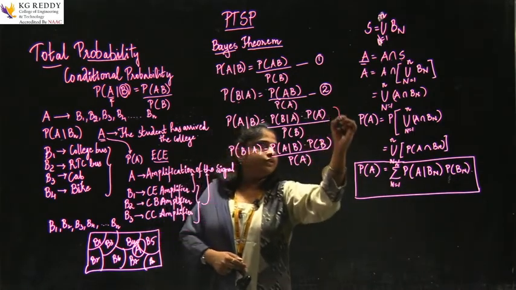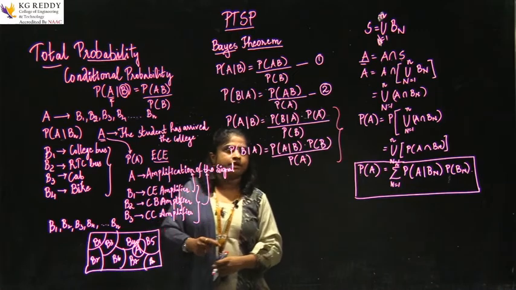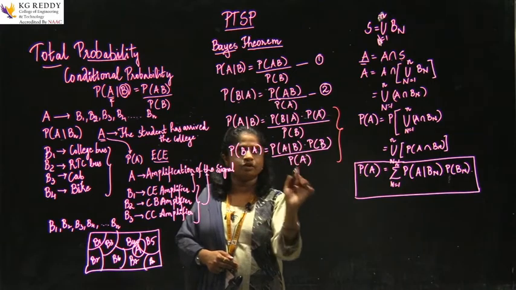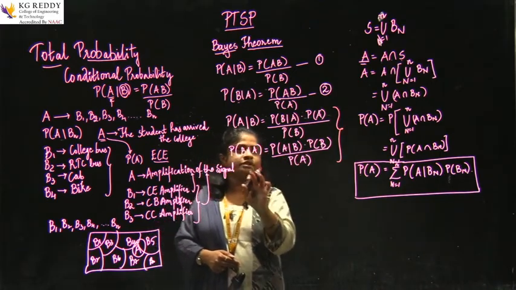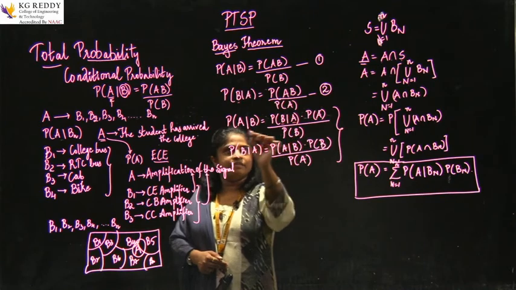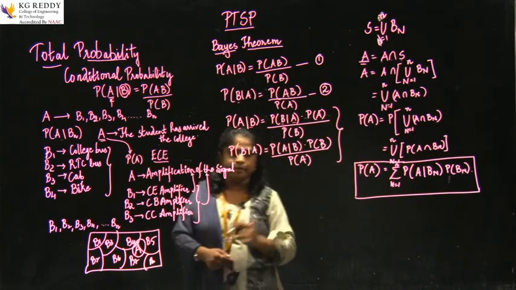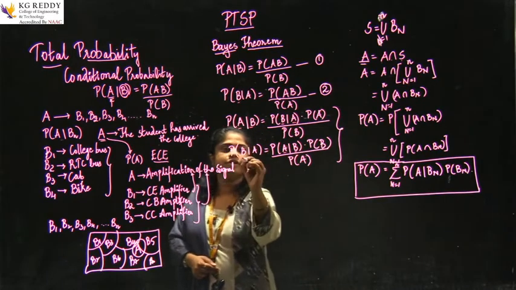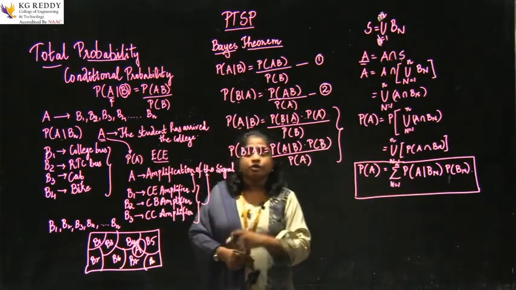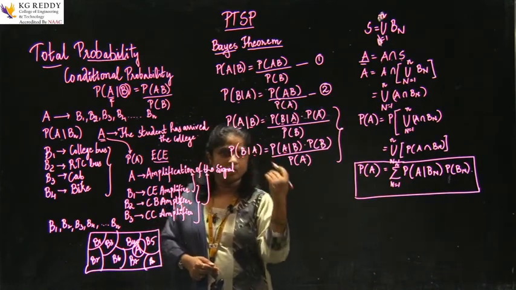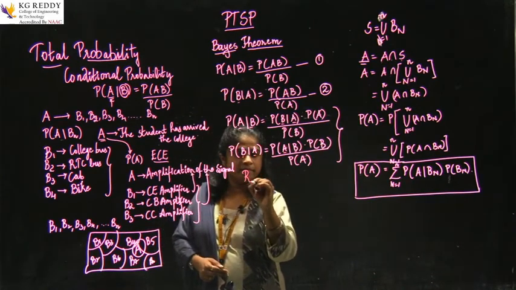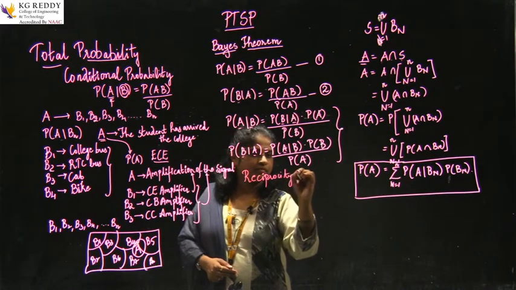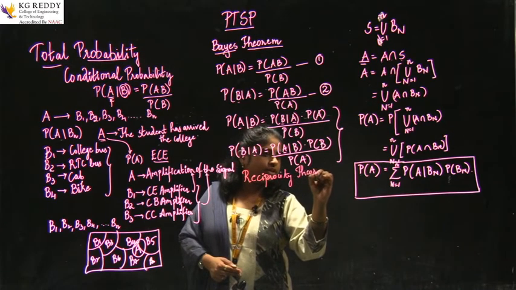These two equations are nothing but: B by A is given and we are finding out the probability of A by B, and A by B is given and we are finding out the probability of B by A. That is why we also call Bayes theorem the reciprocity theorem.